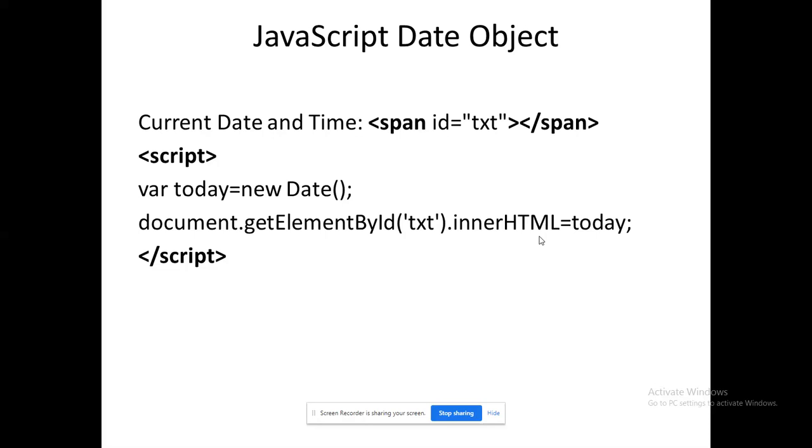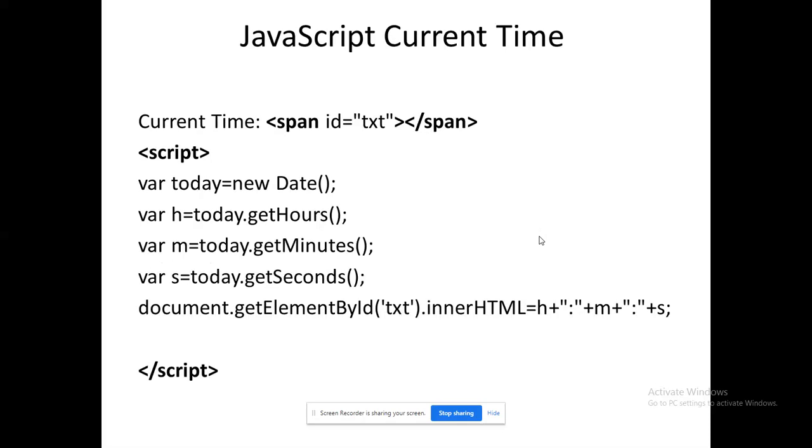Using the variable today, only to print the time, I need to use this function. For anything, I have to create an object variable, today equal to new Date.